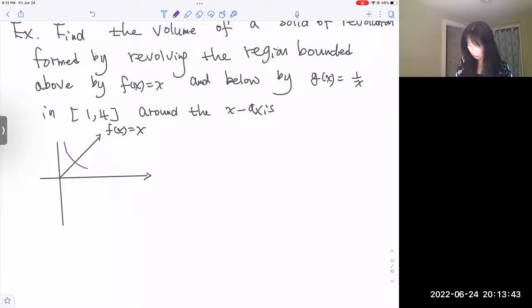Just draw like this. Now we do rotating about the x-axis.